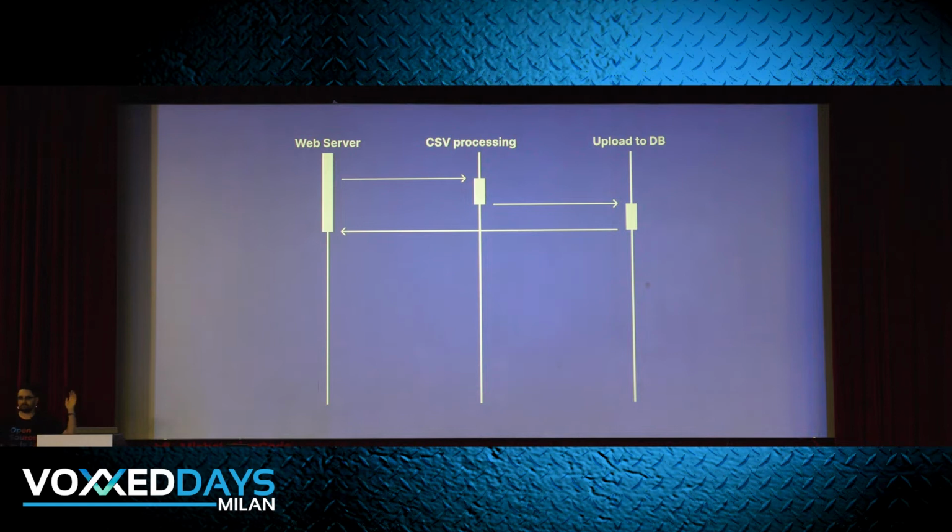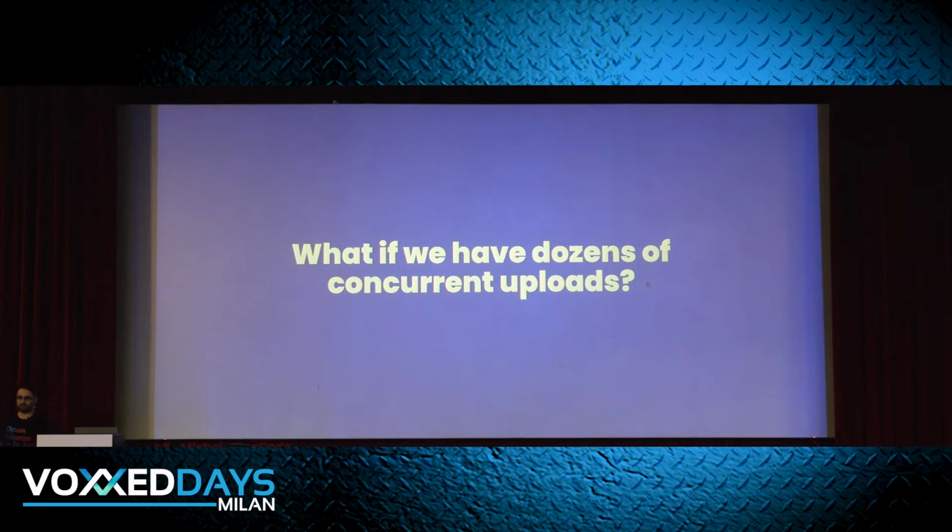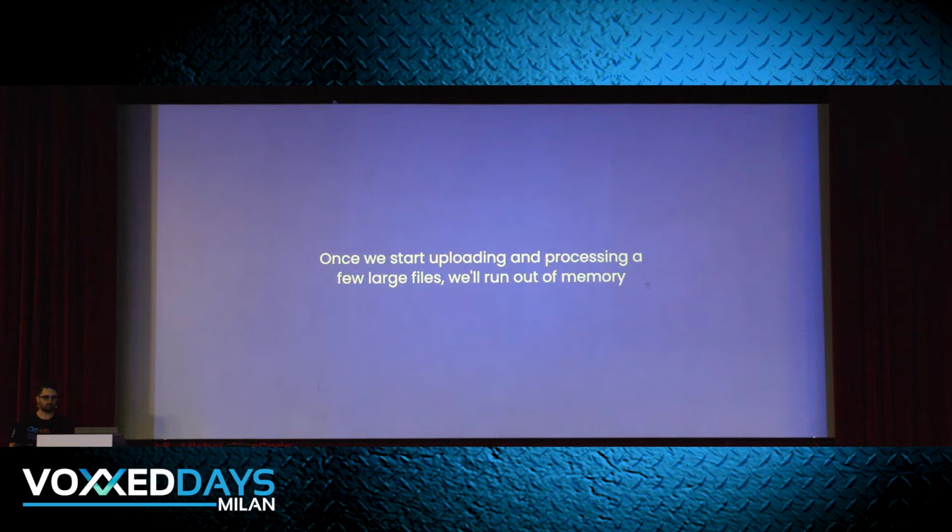And of course, this leads to so many problems. This is synchronous, first of all. So if we have thousands of concurrent requests, and that's the problem we tried to put after we saw the first diagrams, once we start uploading and processing a few large files, we will run out of memory. So that's pretty easy, right?